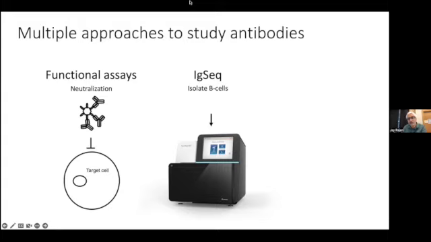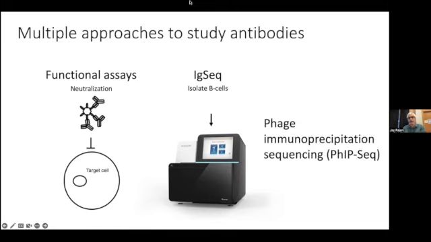Obviously, now with 10x, you can actually sequence repertoires. You can sequence single cells, and so that tells you something about the variability of host responses to infections. And then there's what I do, which is phage immunoprecipitation sequencing. This is basically the marriage of phage display, a decades-old technique, with next-gen sequencing.